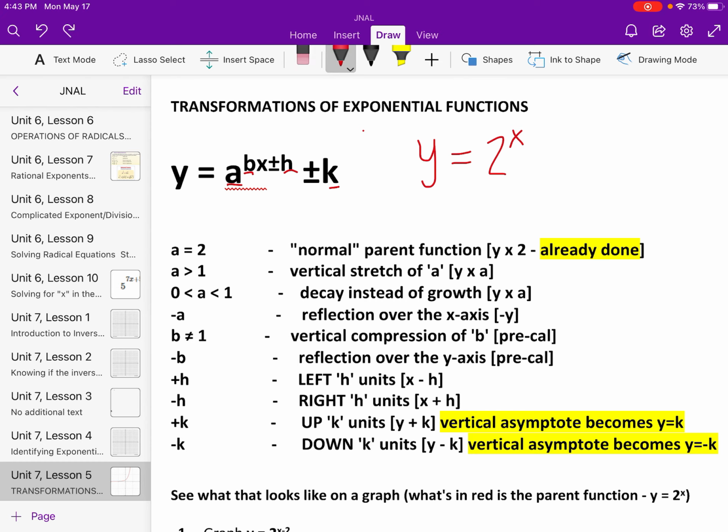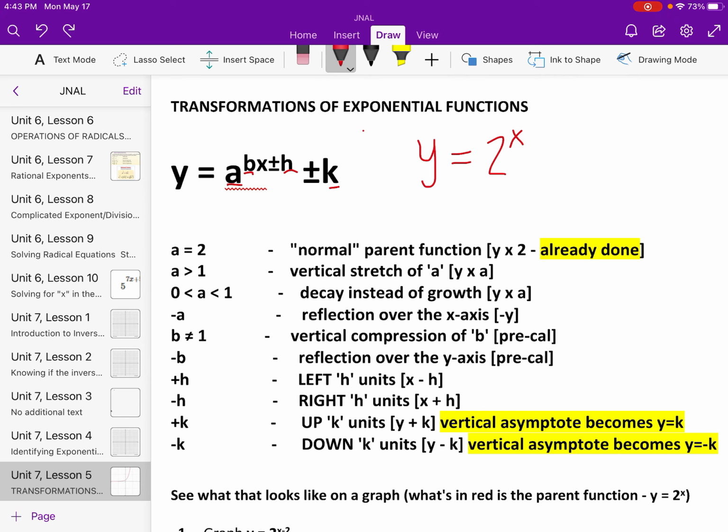So if h was 7 and it was plus 7, it would mean left 7 units. What you do is x minus h, whatever it is. And if you have negative h, you go right h units and you add whatever h is to x to make the transformation. If you have positive k, that means up k units.